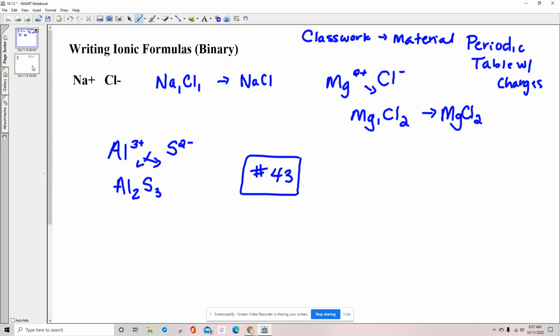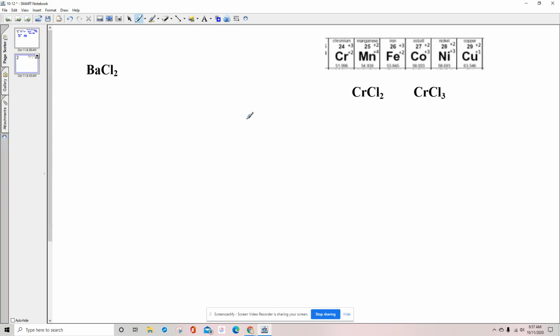All right, so let's go to the next part, and that's naming the chemical formula. So remember that the cation stays the same, but it's the anion that gets the -ide at the end. Okay, so the anion gets the -ide. So this one is Ba for barium, right? And then Cl is chlorine.